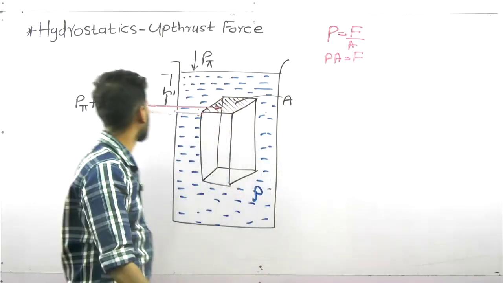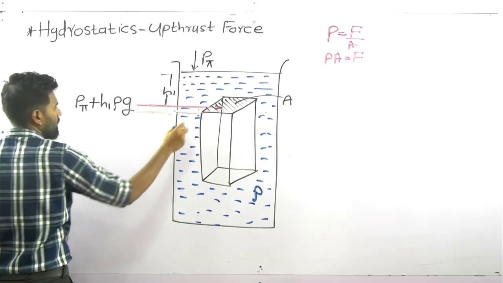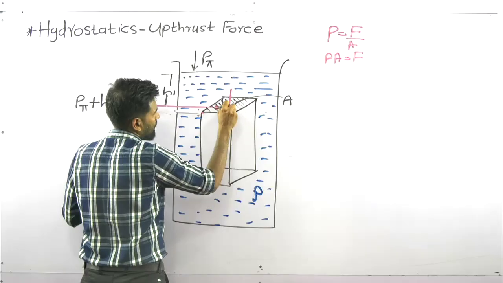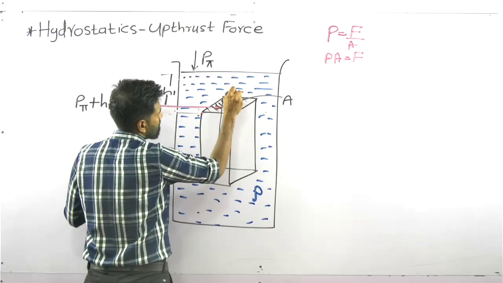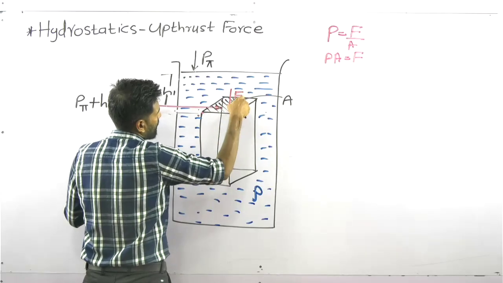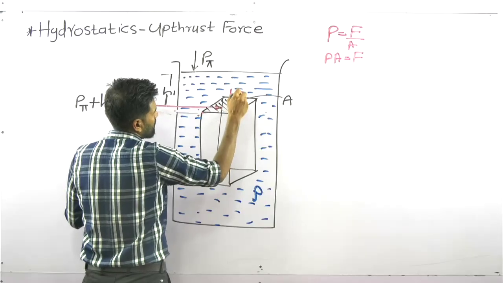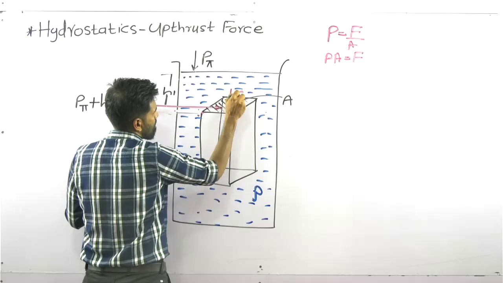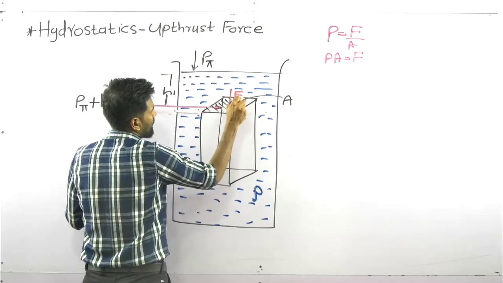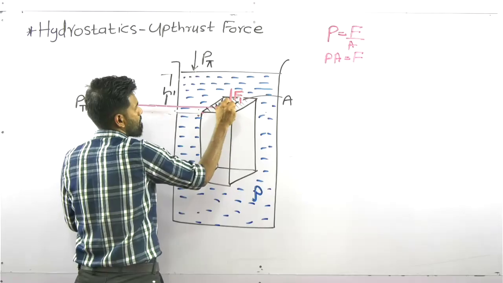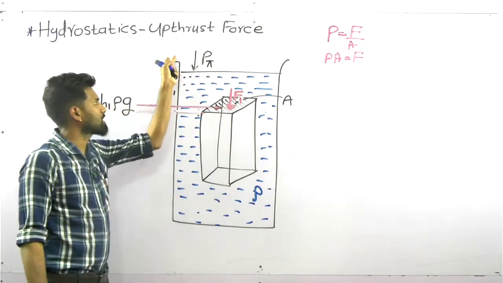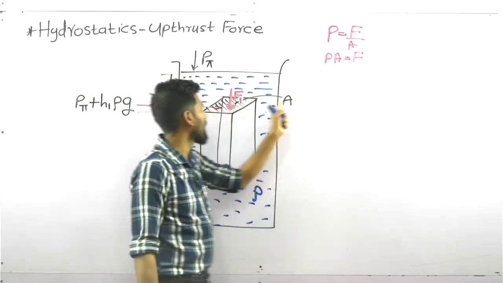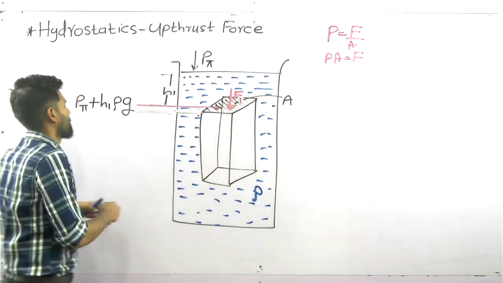So what will happen? The force acting on this place, let's say F1, comes from the pressure P0 plus h1 rho g, and when you multiply the pressure by the area, you get the force acting on this place.